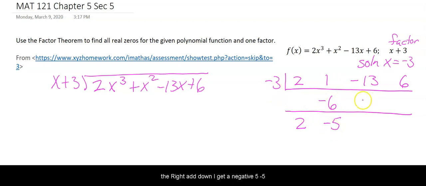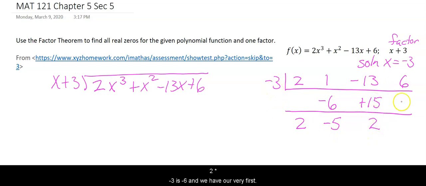Negative 5 times negative 3 is a positive 15. Adding down, I get a positive 2. 2 times negative 3 is negative 6, and we have our very first exact factor for the original polynomial. Because the remainder is 0, that means it factors it exactly.